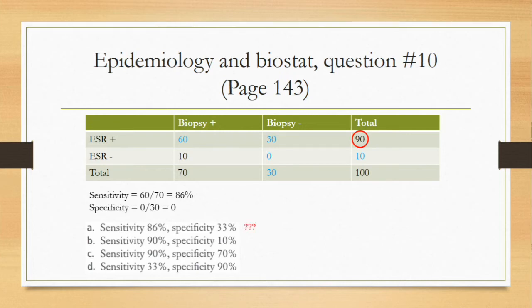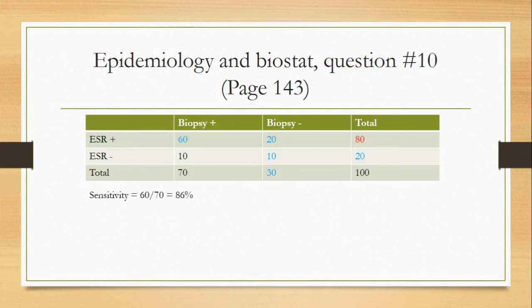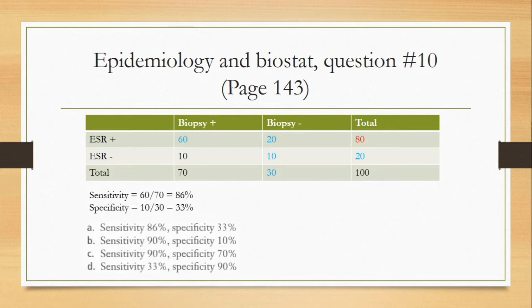But it looks like answer A could be the right answer, except the specificity is 0 instead of 33. But if you replace 90 by 80, you would see that now you have a specificity of 33%, and you would know that answer A is actually the right answer.